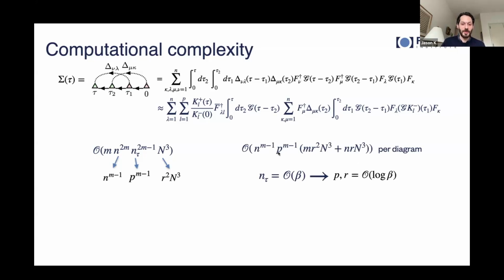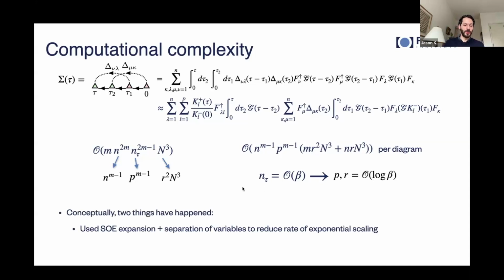The other nice thing that's happened is this n tau is gone. n tau, which scaled linearly with beta, has been replaced with p's and r's, which both scale logarithmically with beta. R, I told you about, the number of DLR basis functions scales logarithmically with beta, and p, the number of exponentials in our sum of exponentials expansion of delta, is always less than r. So it also scales logarithmically with beta. So no more n tau.